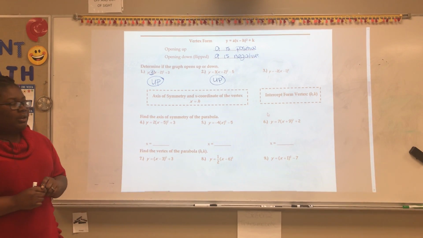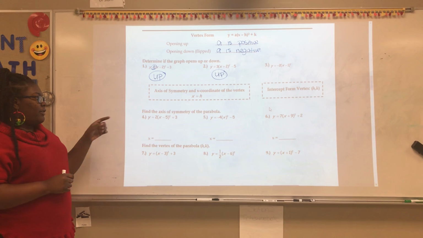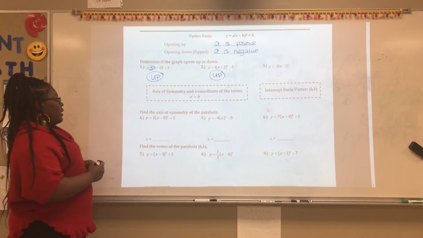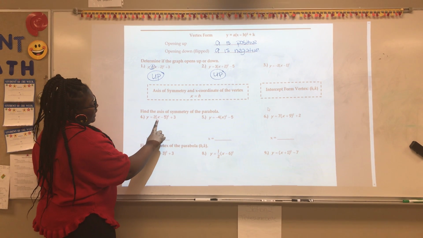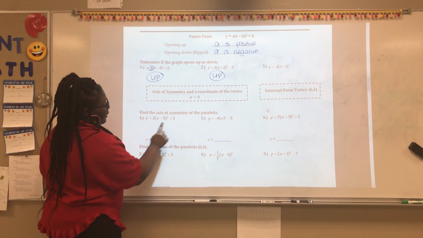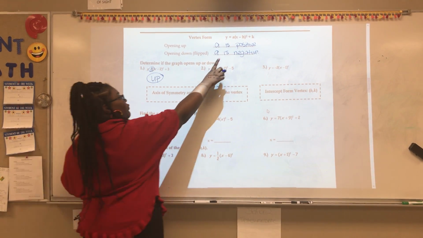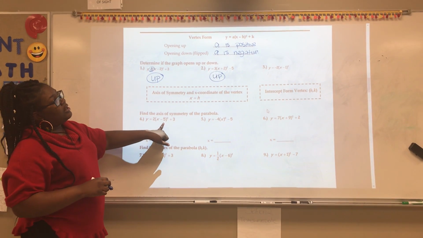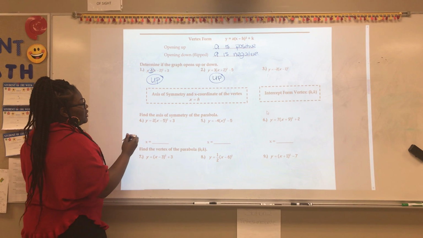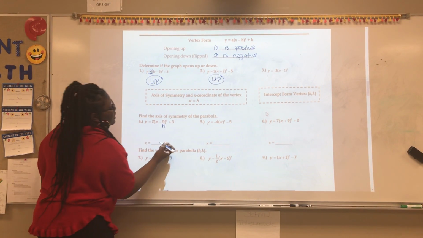I'm going to model how to find the axis of symmetry from vertex form. Here I have vertex form y equals 2 times (x minus 5) squared plus 3. Looking at my general form, I know my h is the second number, the number inside the parentheses. So 5 is my h.